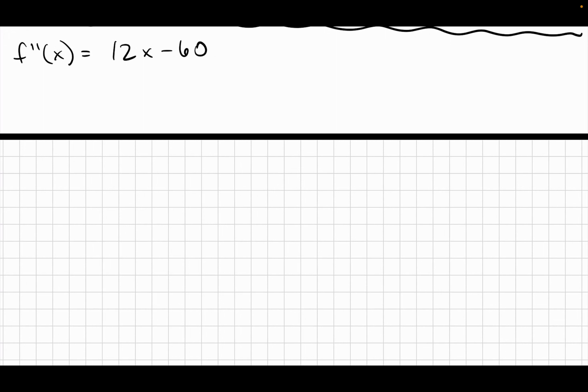Which is 0, yeah. Add 60 to both sides. Divide by 12. You're going to get 5. Remember, since this is the second derivative, that's an inflection point.